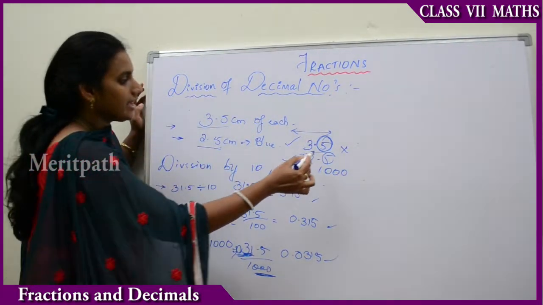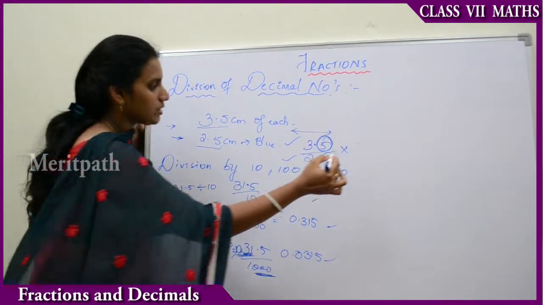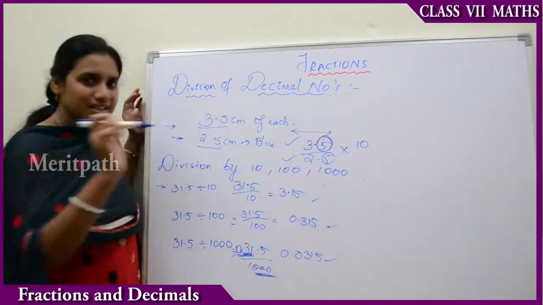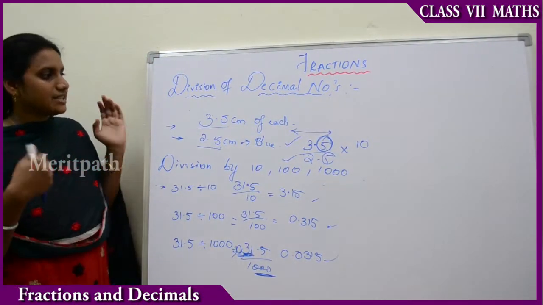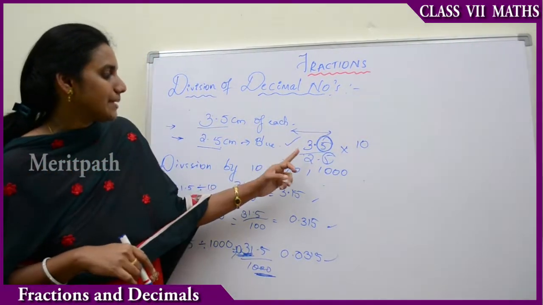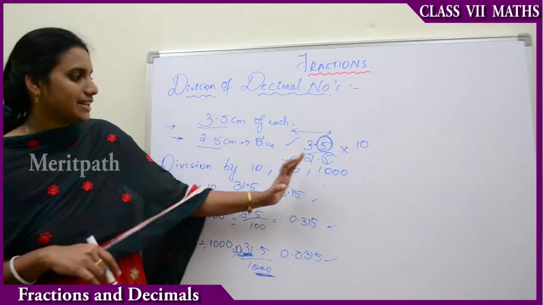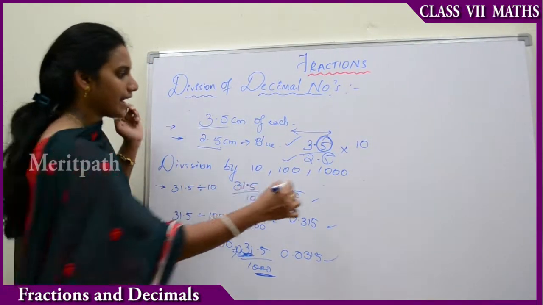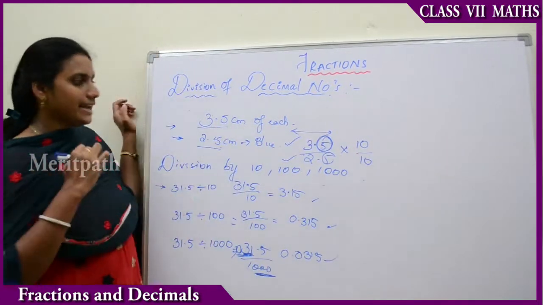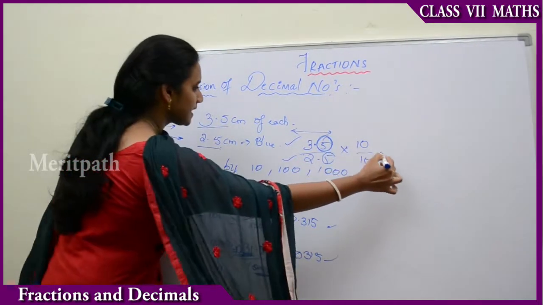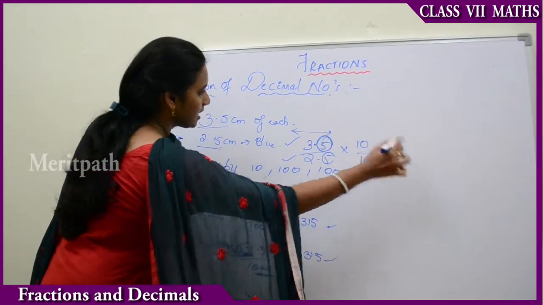Only 1 unit is present here, right? So we will be multiplying with 1 and one 0, that means 10. Now we will be multiplying 3.5 by 10 and in the same way 2.5 also by 10. So we will be getting whole numbers, that is 35 by 25.